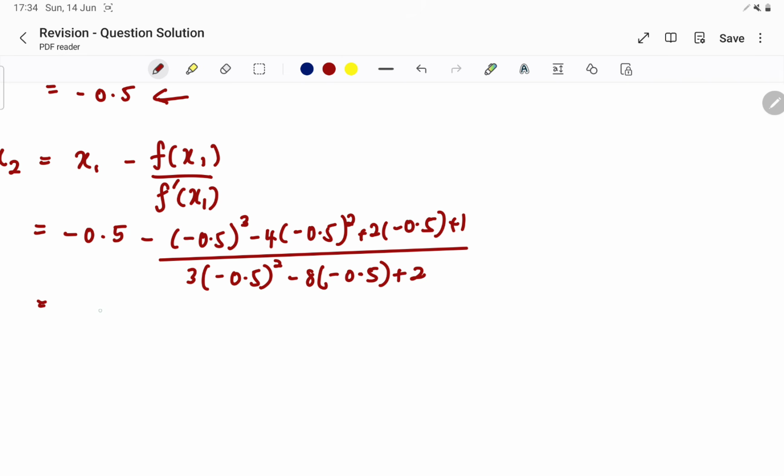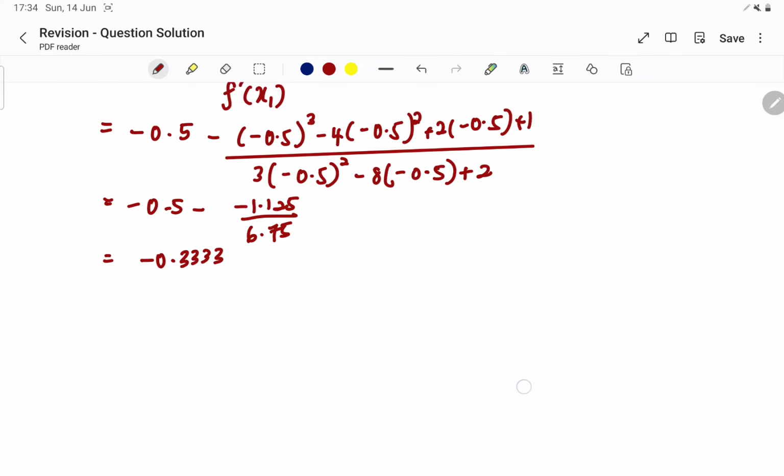You calculate here, you get negative 0.5 minus negative 1.125 divided by 6.75. So you will get the answer equal to negative 0.3333.